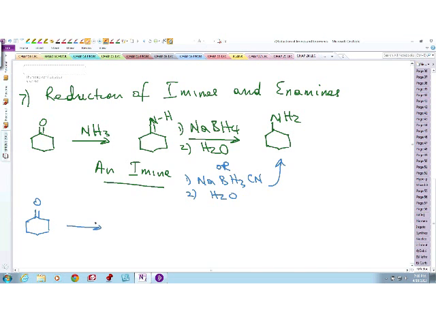Now, instead of using ammonia, you use a primary amine to react with the ketone or aldehyde. Keep in mind, you could perform this reaction with the carbonyl of a ketone or the carbonyl of an aldehyde. So it is a generic type reaction. So here again, you will form an imine.